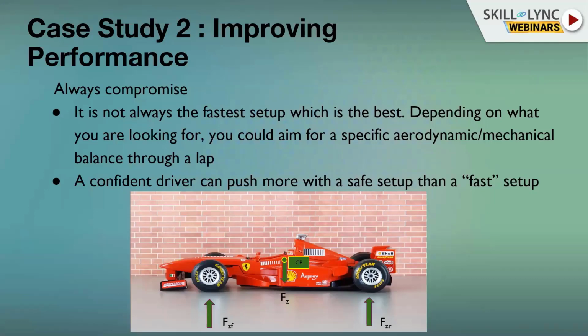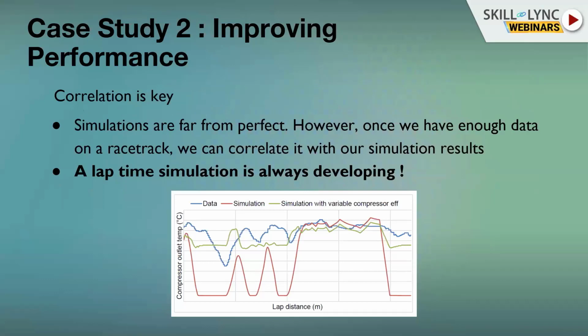So yeah, again, for the lap time simulation, you can do everything to guide a motorsport team to develop their car the right way. A bit like the first case study, correlation, of course, is key. For example, I wanted to show you one example when I was working with the Renault Formula One team.